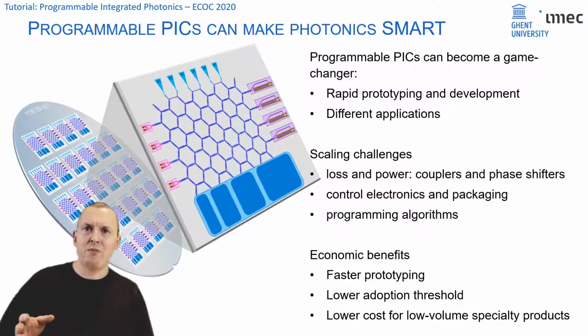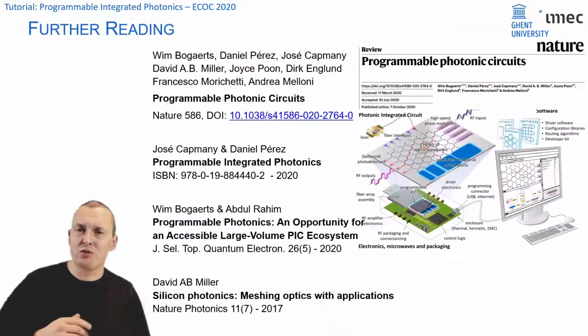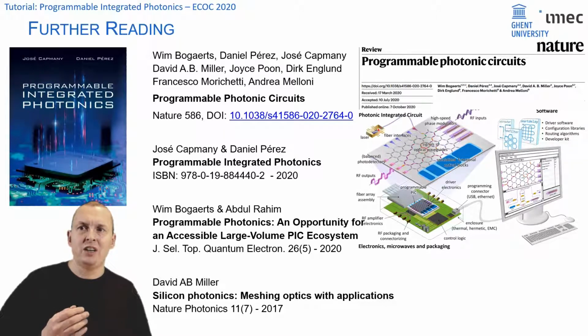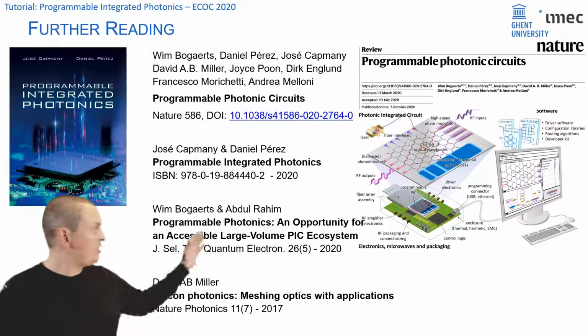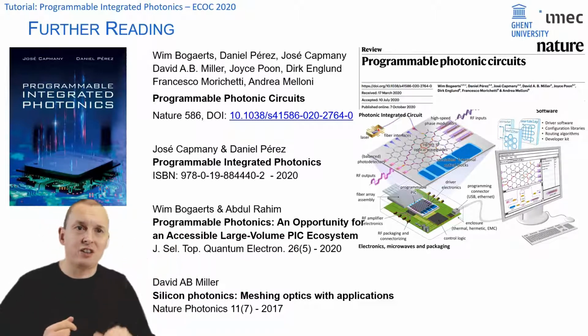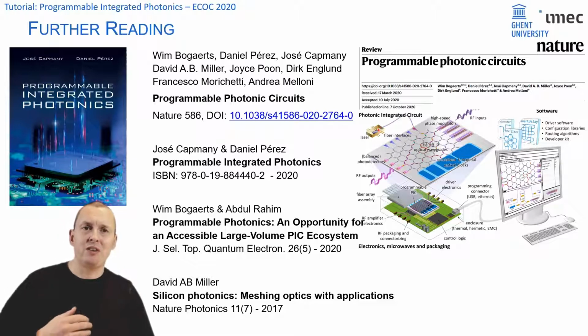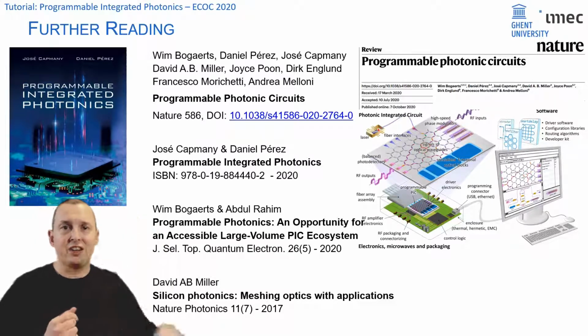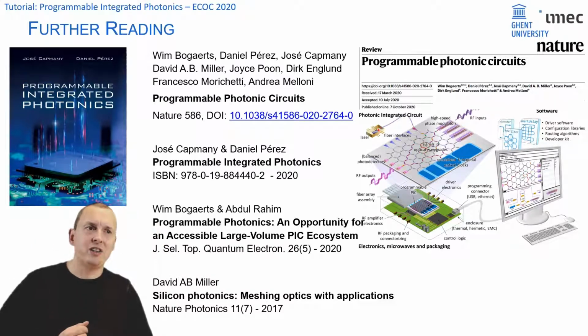This brings me to the end of my introduction or tutorial on programmable integrated photonics. If you want to know more, there's a Nature paper which we've recently published, which gives you a fairly decent overview of what is all out there in the field of programmable photonics. And then the book, if you really are into heavy reading, the book by José Capmany and Daniel Perez goes into much more depth about all the different parts in programmable photonics.